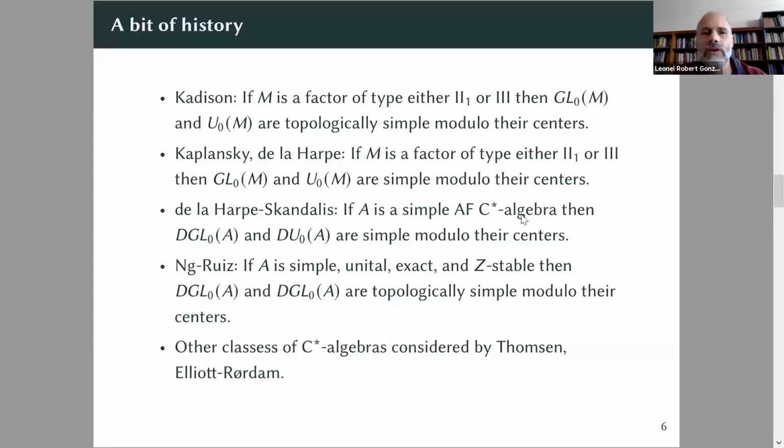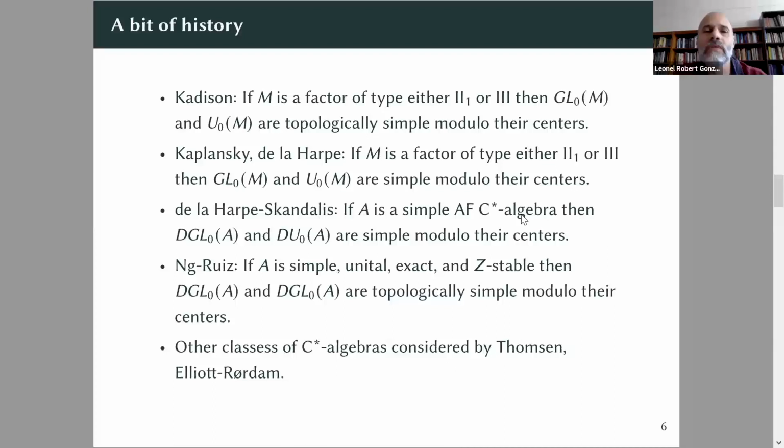A number of people looked into these questions before, and Cadison himself raised the question whether algebraic simplicity was true. It is a little bit tricky to keep track of the history there. Eventually Kaplansky, I think, handled the group of invertibles, and de la Harpe also the group of unitaries, and this took a little bit of time.